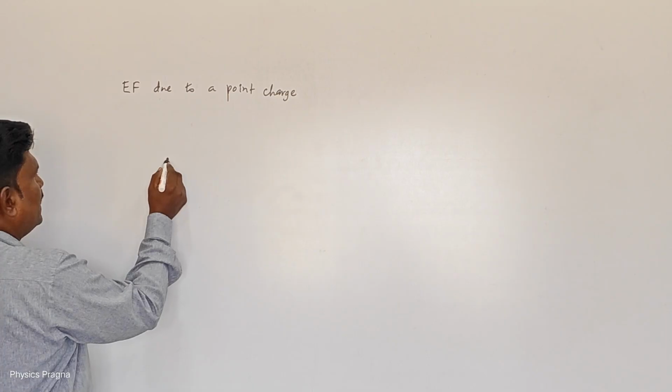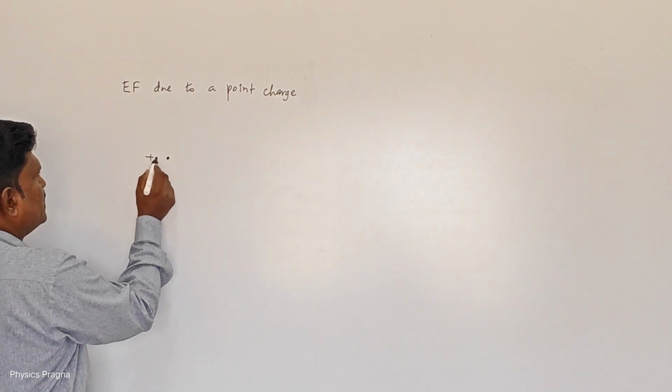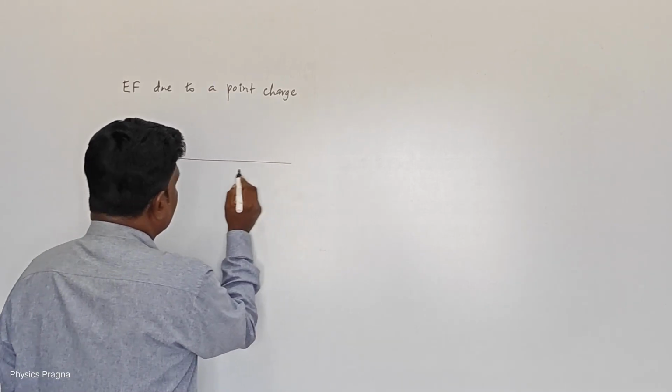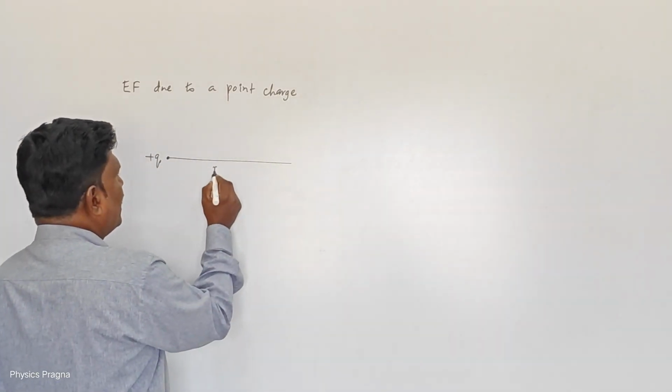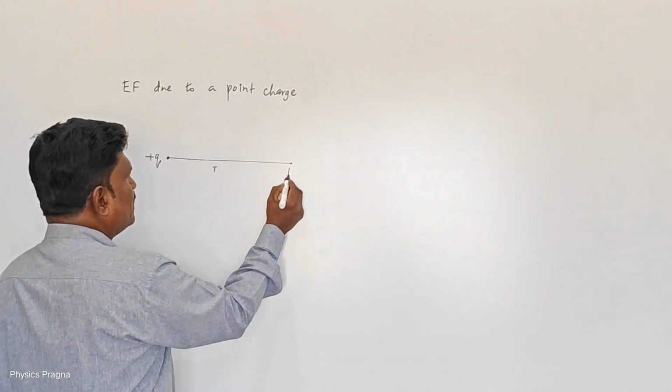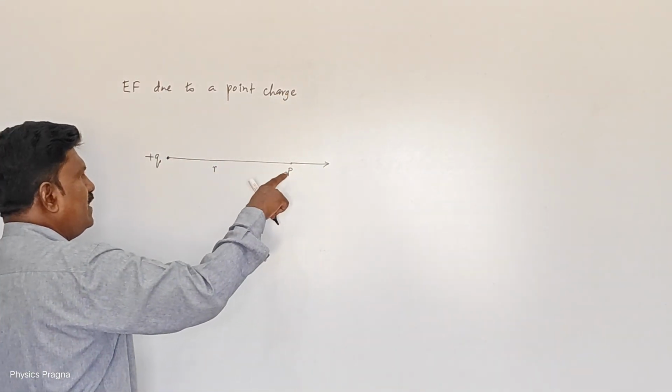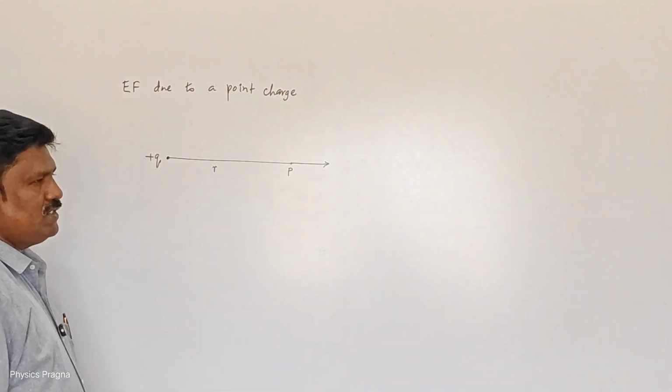Let us see what the electric field due to a point charge is. Let us consider a point charge here, point charge Q, at r distance, at point P. The electric field direction: it is positive, so the electric field goes away from the positive charge.